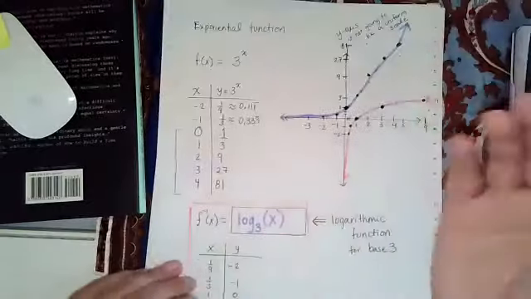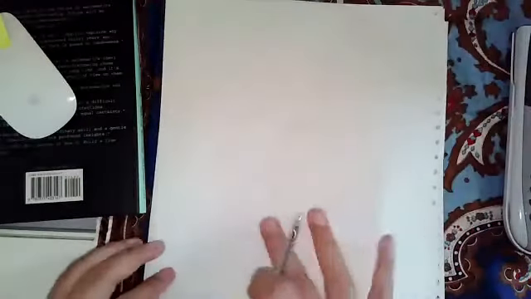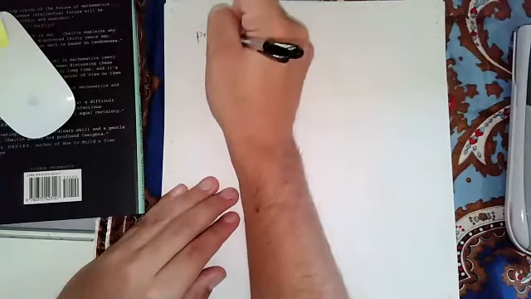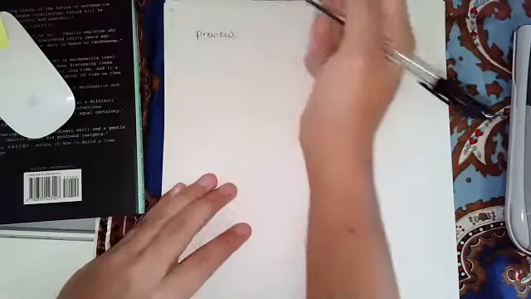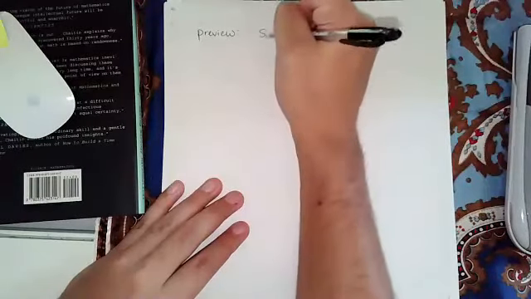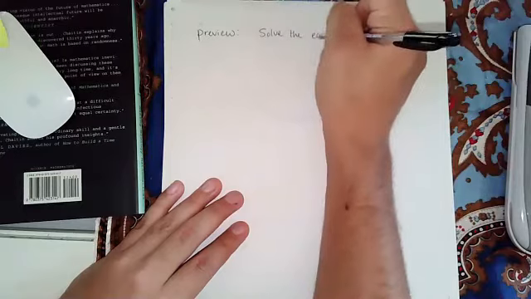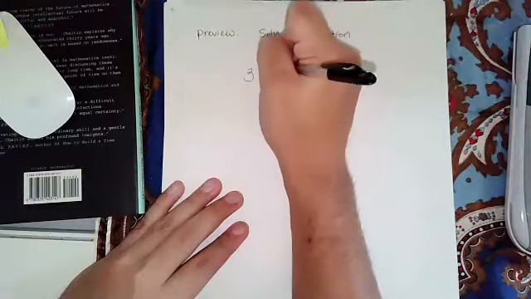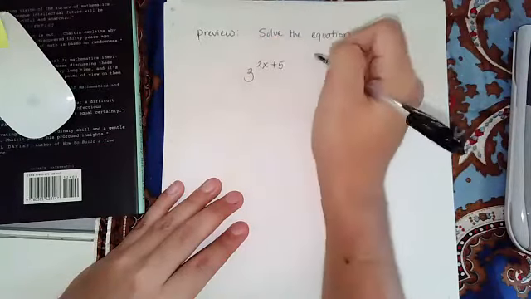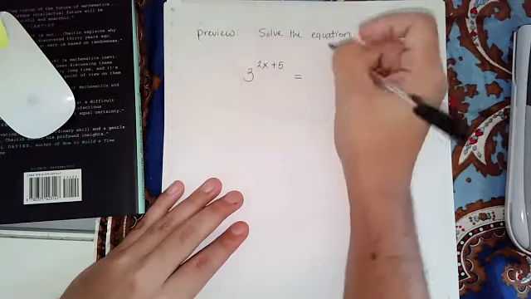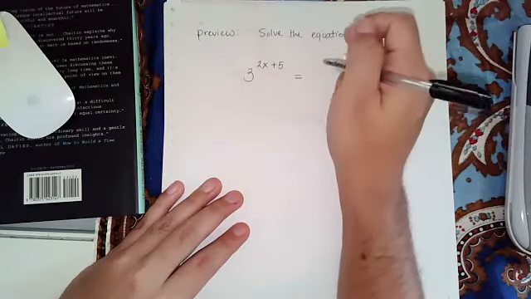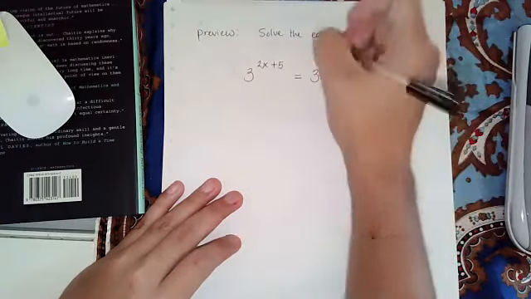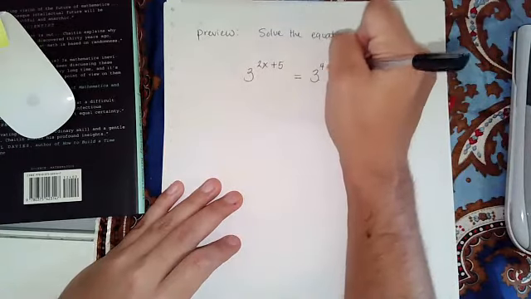And so we're going to be getting into solving exponential equations eventually, so let me just give you a preview. Like if I needed to solve the equation 3 raised to the 2x plus 5 power is equal to, let's say, 3 to the 4x.